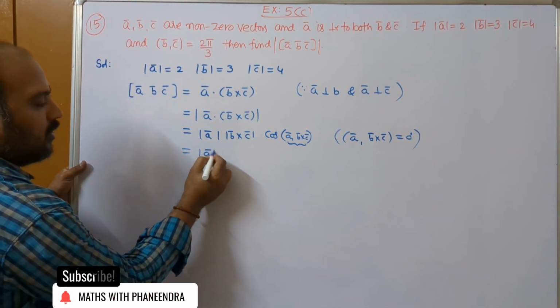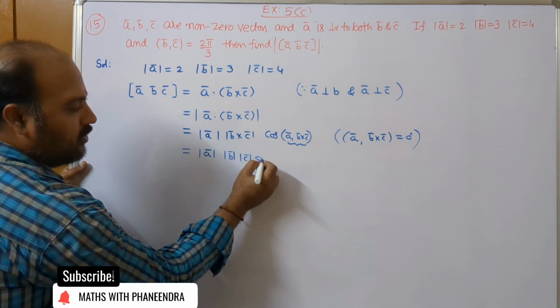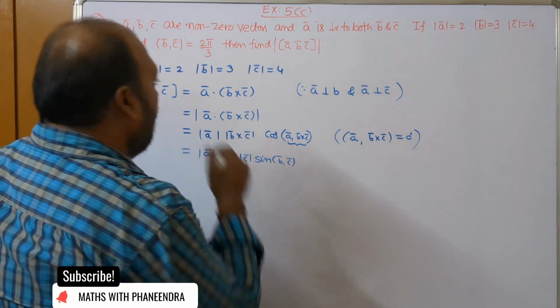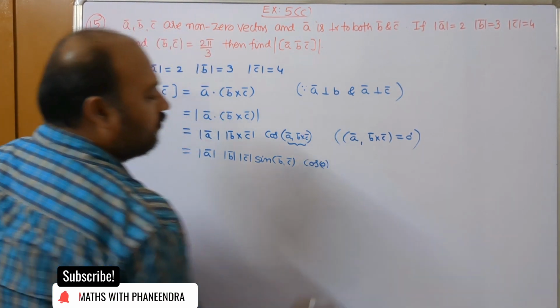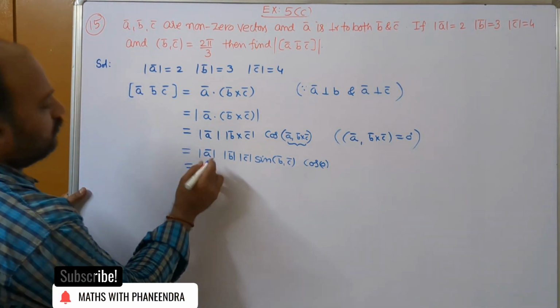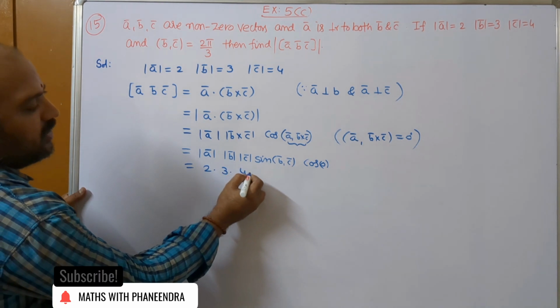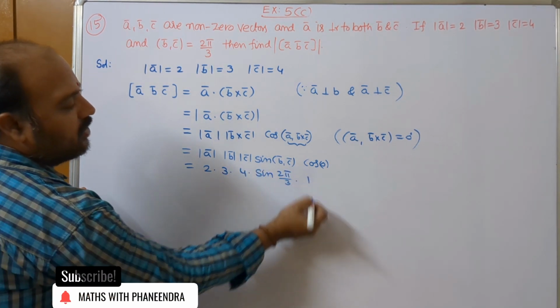So mod A bar, mod B bar into mod C bar into sine of B bar, C bar, and this cos 0 value. Mod A value is given as 2, mod B value given as 3, mod C value given as 4, sine 2 pi by 3, cos 0 value 1.